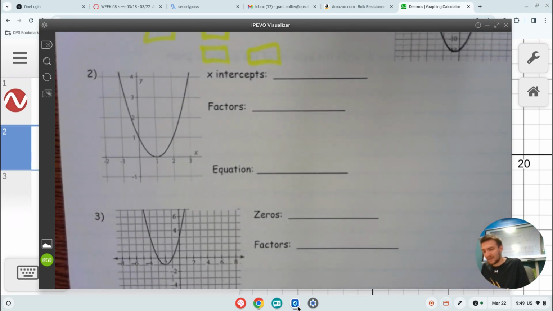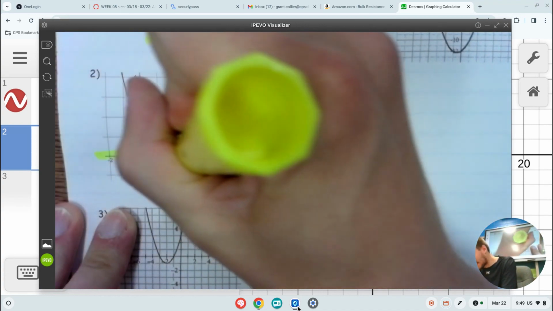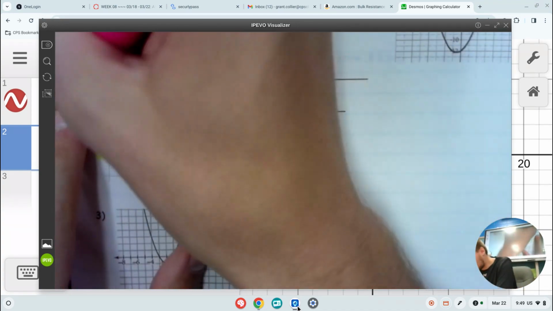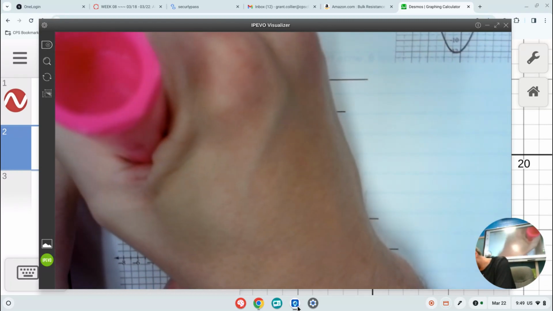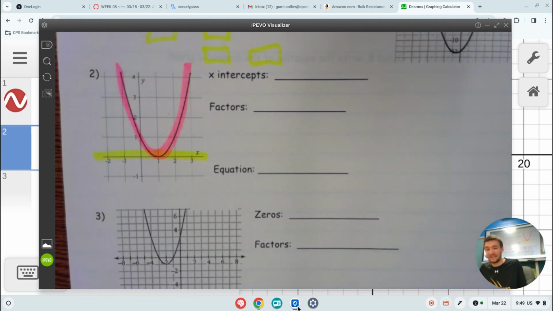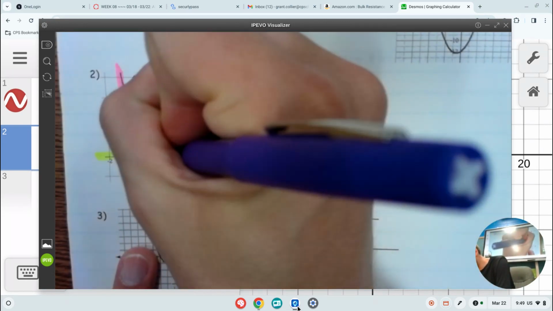The x-intercepts for this question, here's our x-axis, and then we have our graph. This is one of those funky ones where it really only touches one time, where it bounces perfectly on the line.